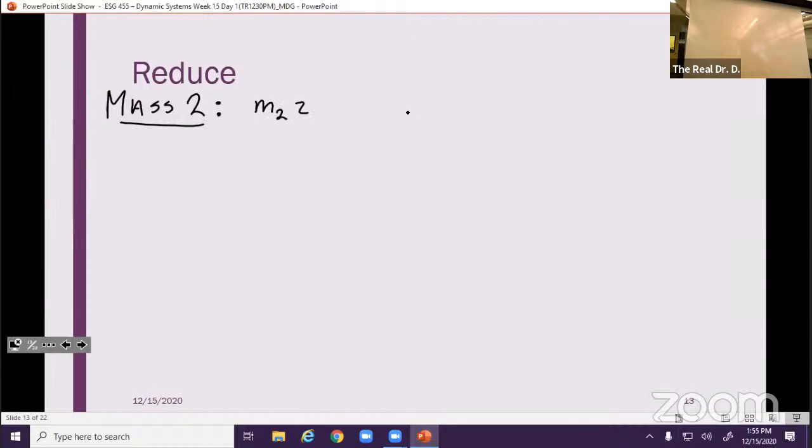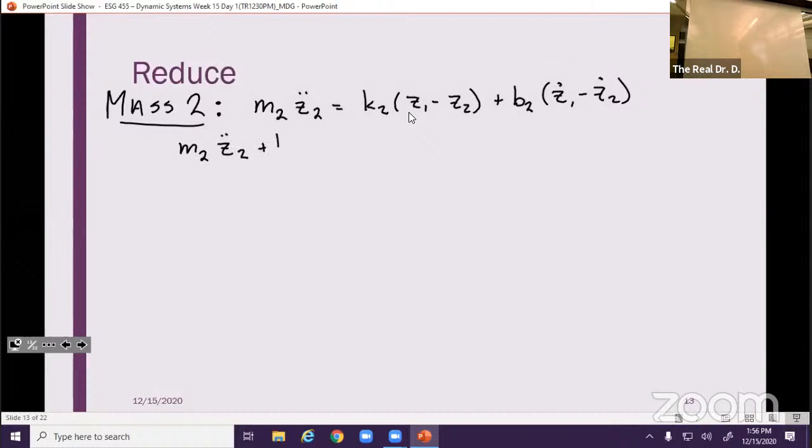If I do that, I get something like this, and I can rearrange the whole thing to get all my Z2s on one side.